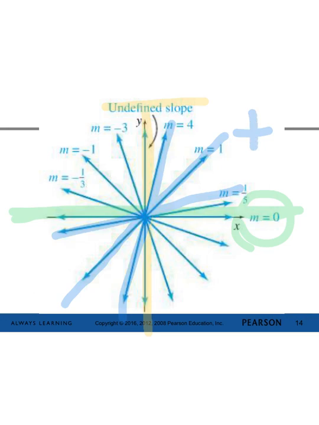And the ones that go from top right to bottom left, notice those all have negative slope.